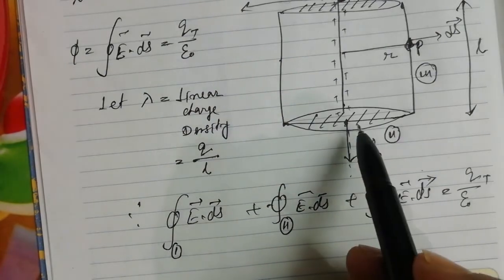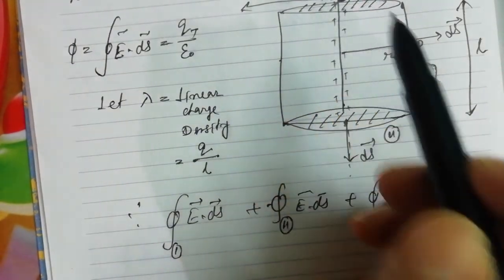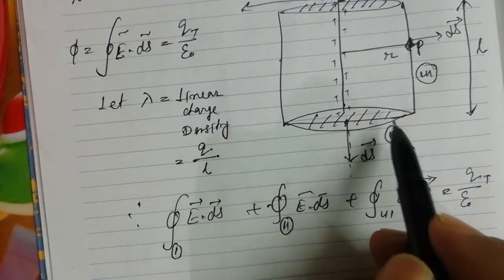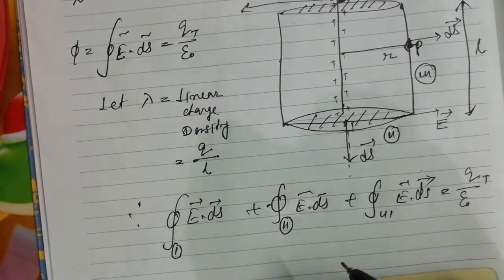Okay. Now if you see here, for number 1, the angle between ds and E is 90 degrees, and for the number 2 surface, the angle between ds and E is also 90 degrees, since the field is coming out. So number 1 is going to be 0, and number 2 is going to be 0. What will remain?